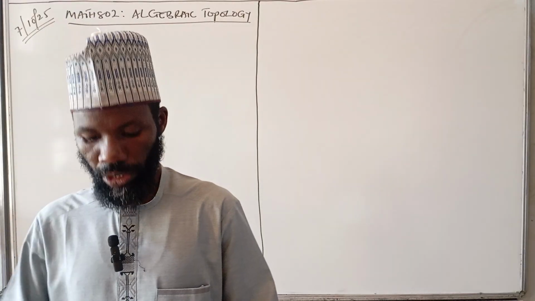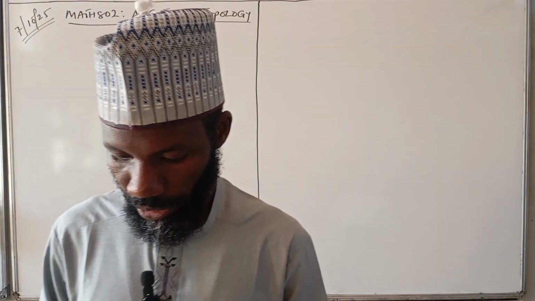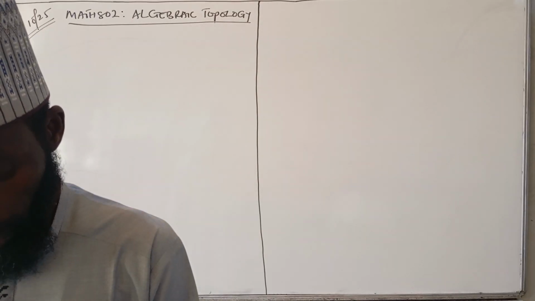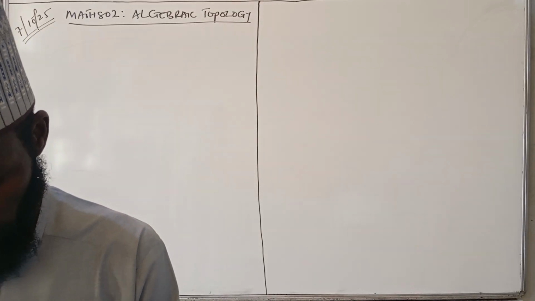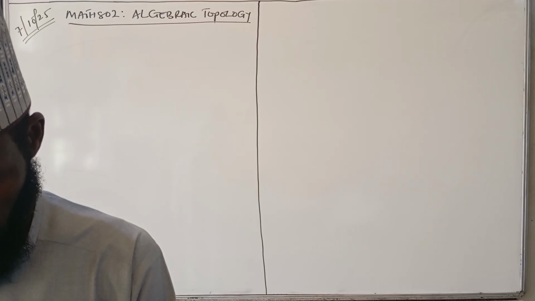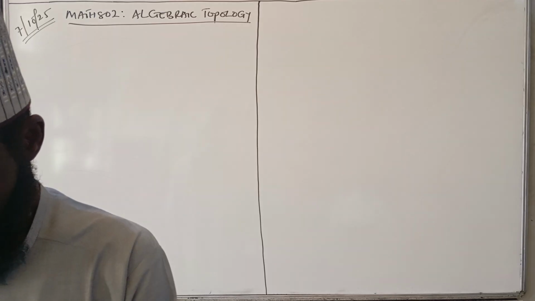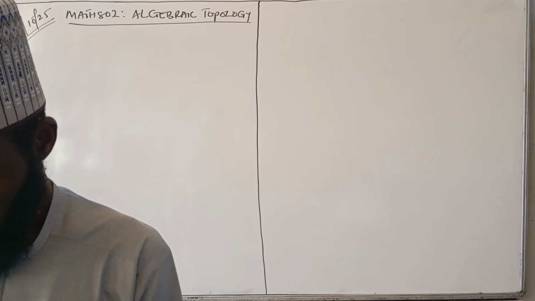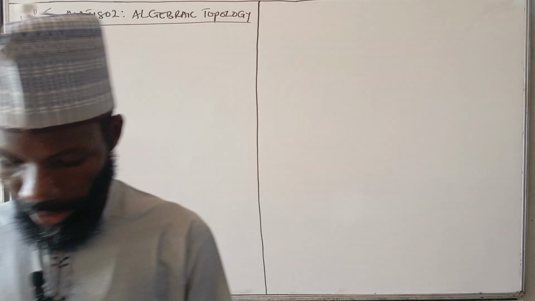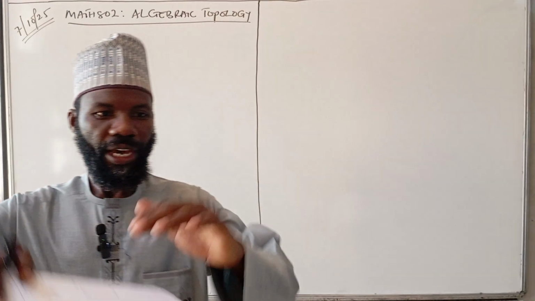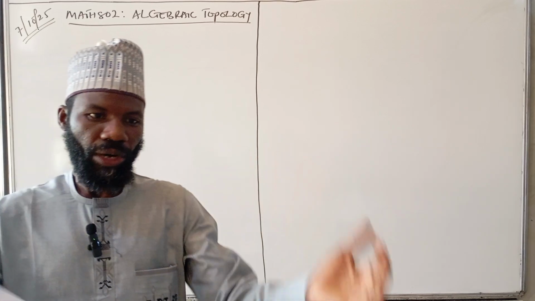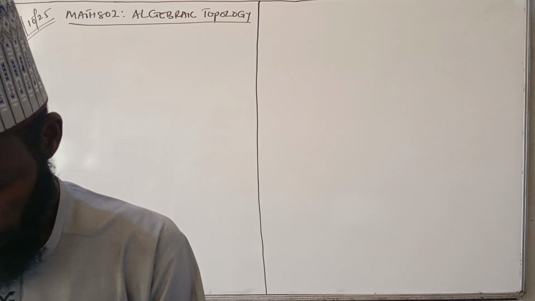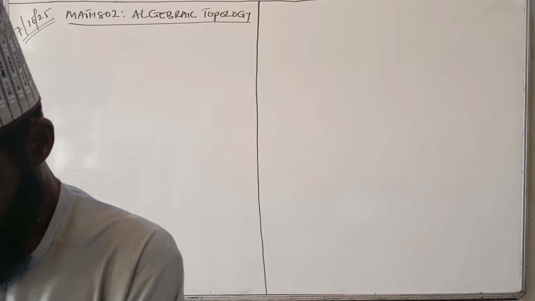Then we looked at a few examples, one of the basic ones being the n-ball. We also defined the n-sphere, which is seen to be the boundary of a ball. So we are going to continue that discussion.